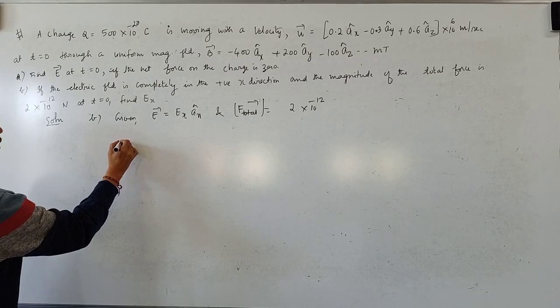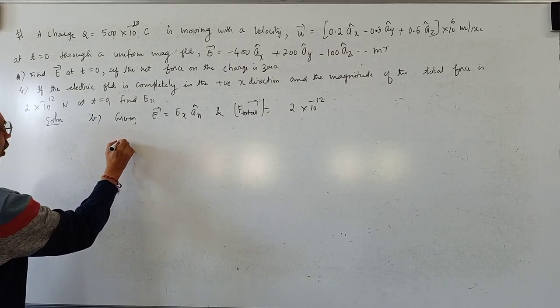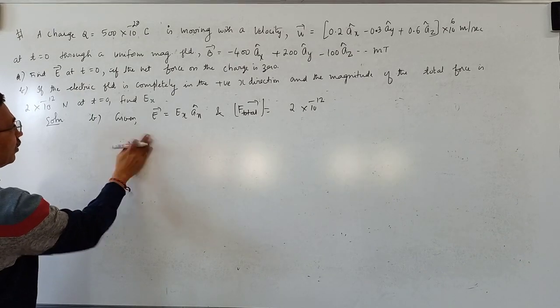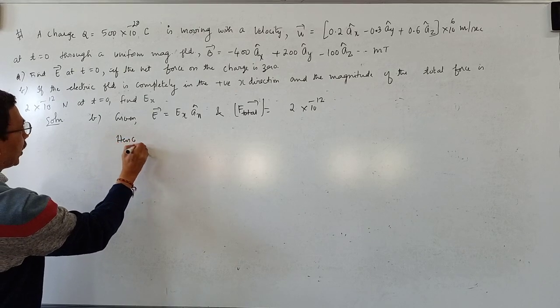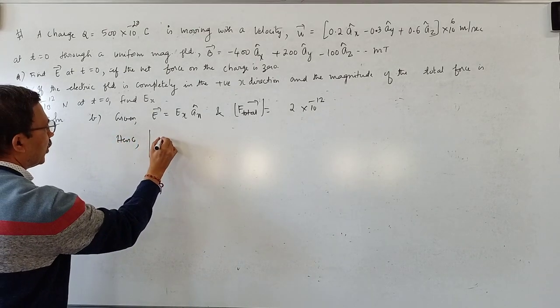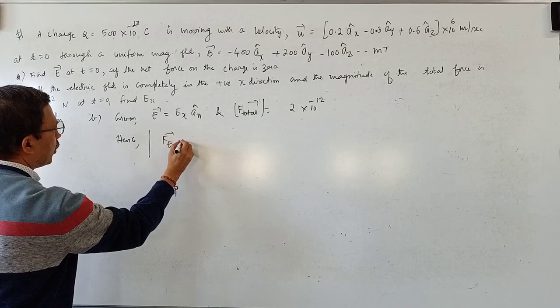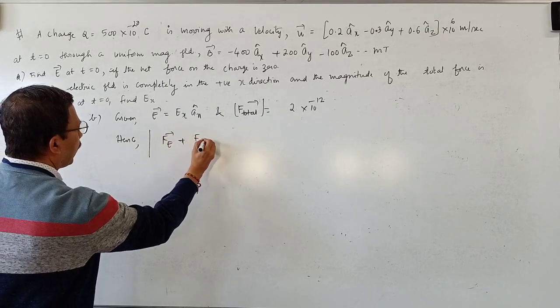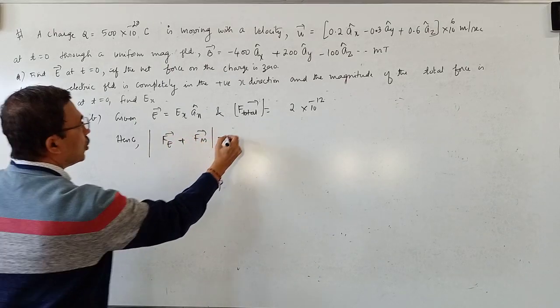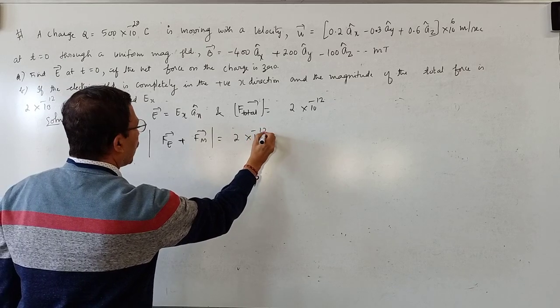Hence, what is vector F total? Nothing but vector Fe plus vector Fm is equal to 2 into 10 to the power minus 12.